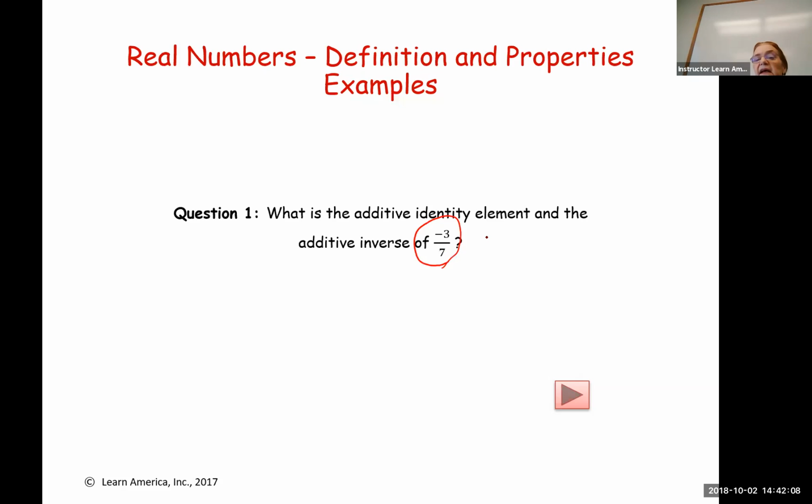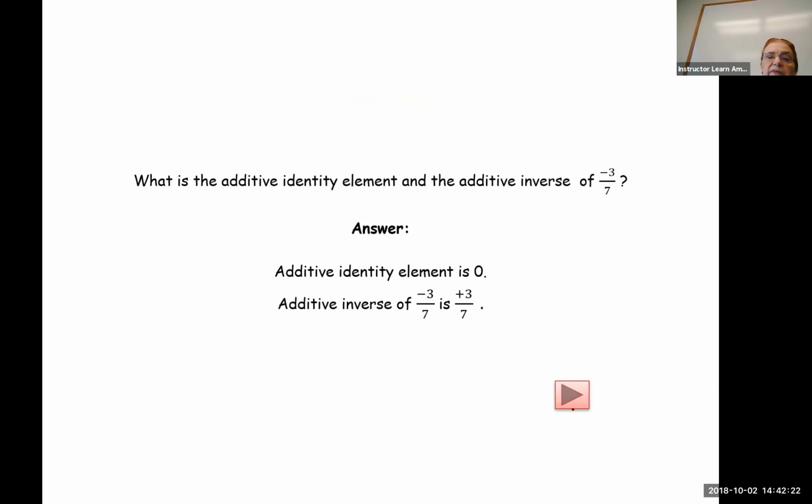The additive identity element is going to be the element which adds to this number without changing it, and the additive inverse will be the number that adds to this number to produce the identity element for addition, which is 0. So taking a look now, the additive identity element is 0 because negative 3/7 added to 0 isn't changed. We still have negative 3/7. And the additive inverse is positive 3/7 because negative 3/7 added to positive 3/7 produces the identity element 0.